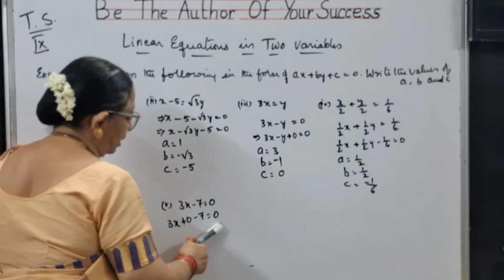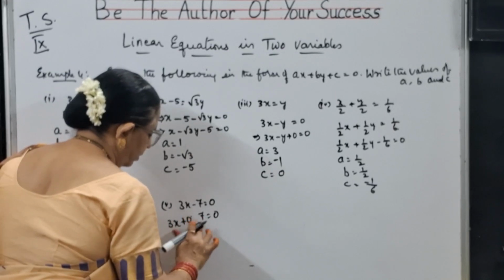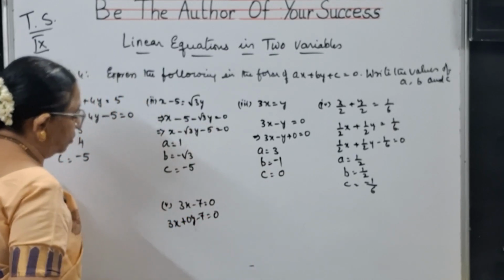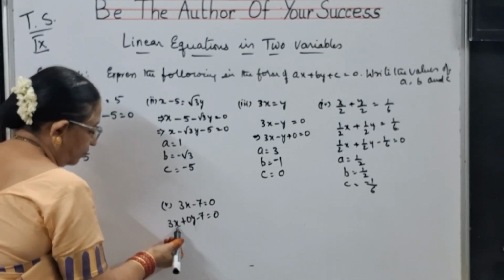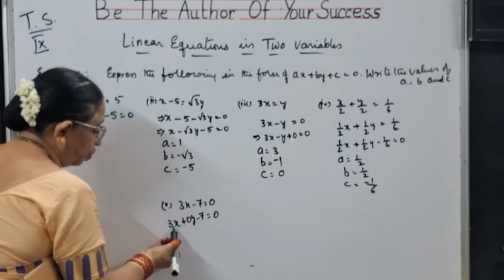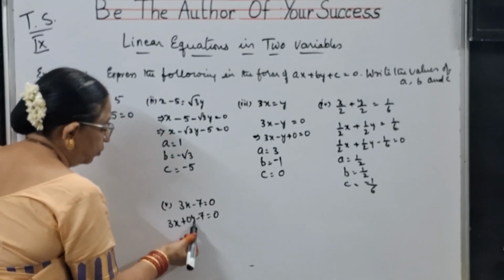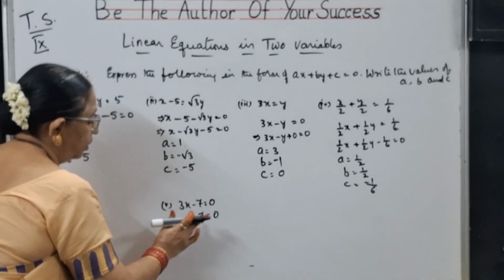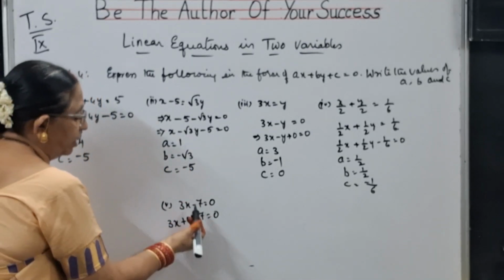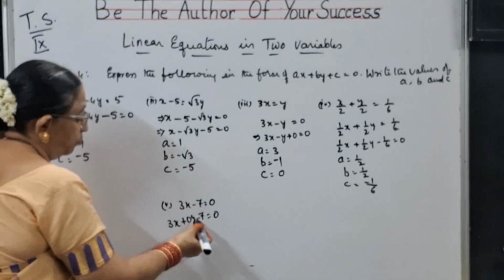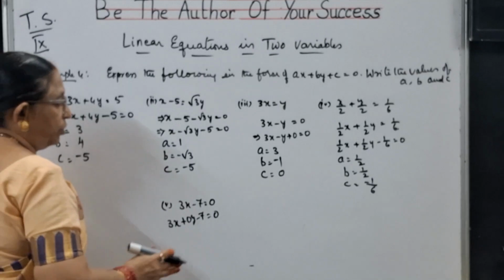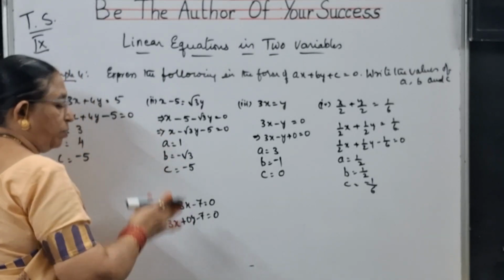Why did you write it like this? 0y you write, 0y minus 7. That means what are you understanding? X coefficient is 3. Y coefficient is 0. Because y coefficient is 0, 0 into y is 0, so y is not mentioned here. Minus 7, because in the problem they are asking you compulsorily to write ax plus by plus c.